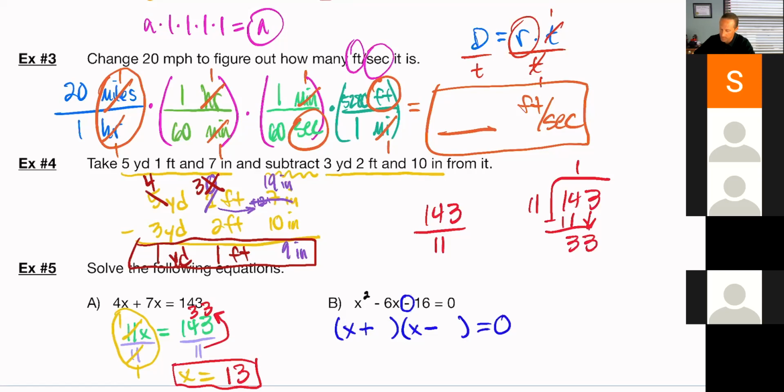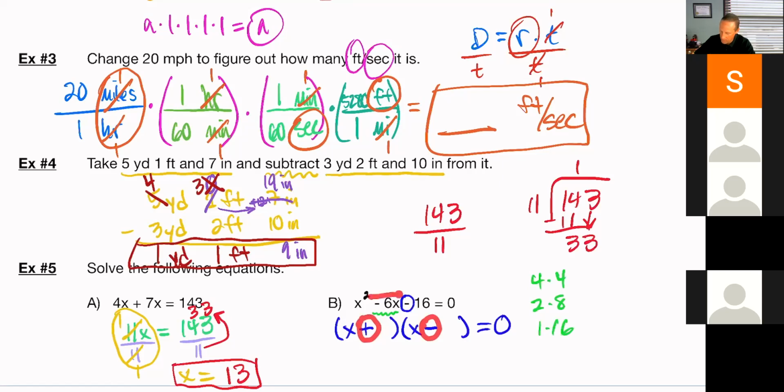That's where the middle comes in. You have to see which of those pairs, either the 4 times 4 or the 2 times 8 or the 1 times 16 or any other pair that comes up. It has to be -8 and +2.